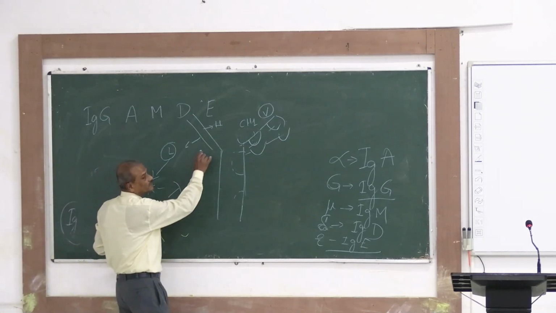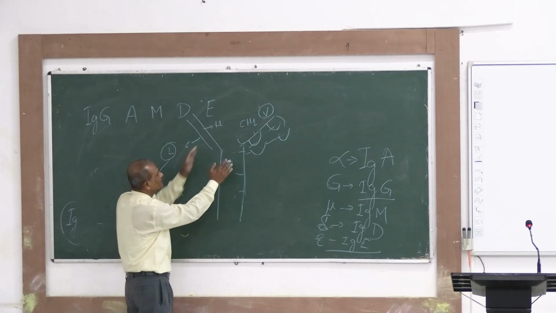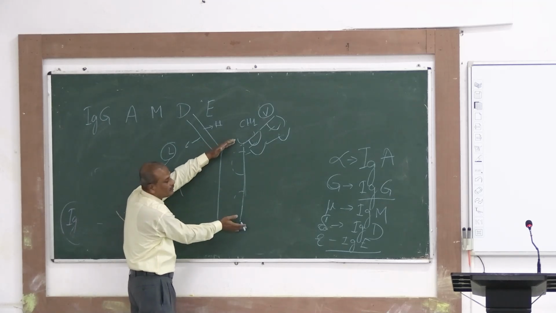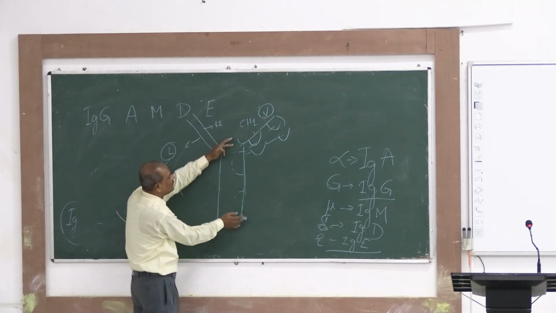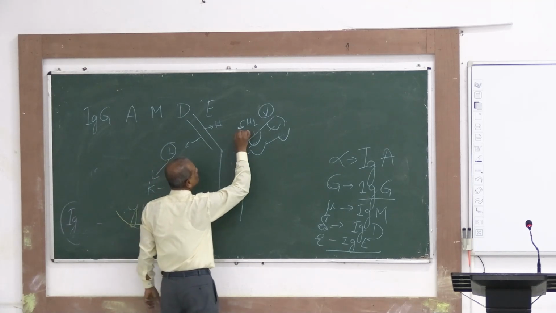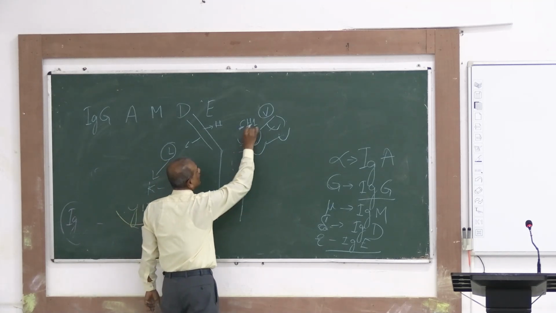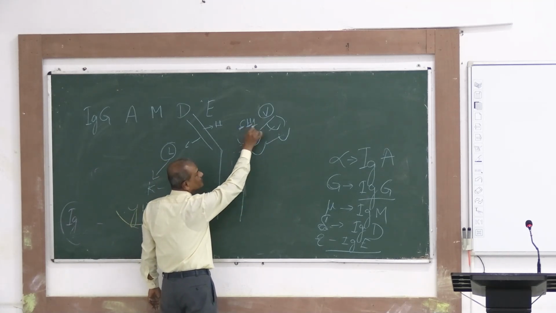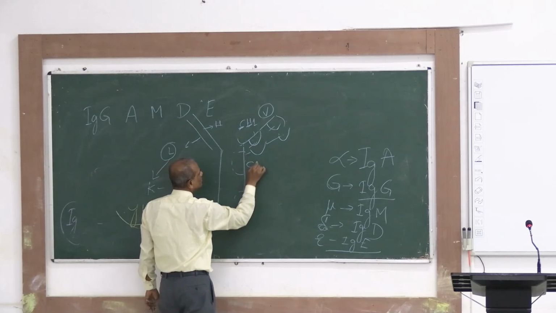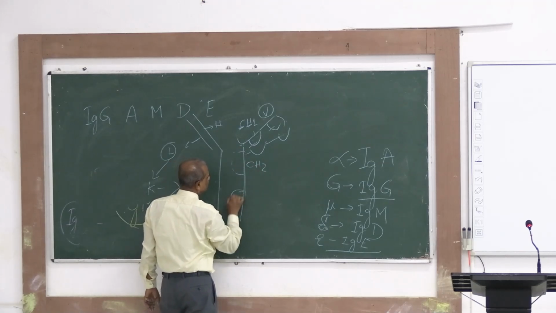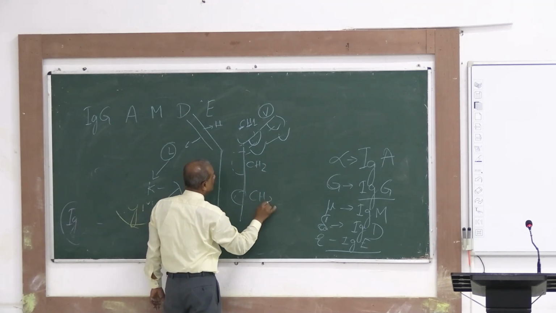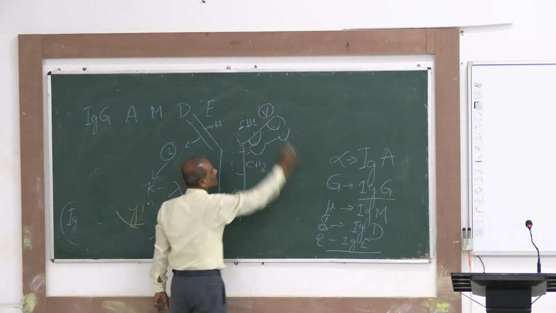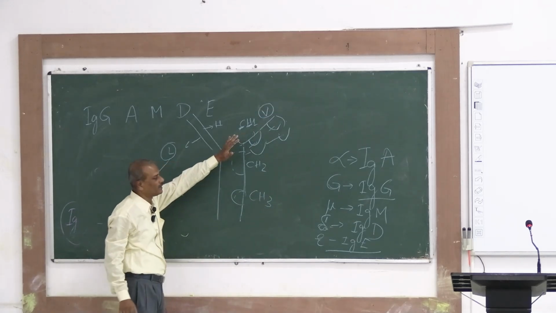Now there are 3 domains in this heavy chain, where C means constant region: CH1, CH2, and this part is CH3, and this is the variable region. Okay, the variable region I will tell you in detail.